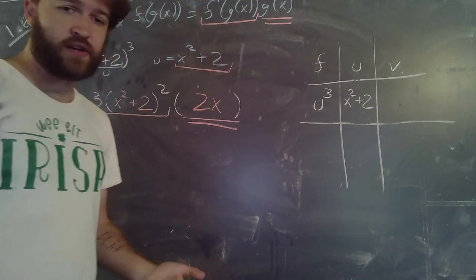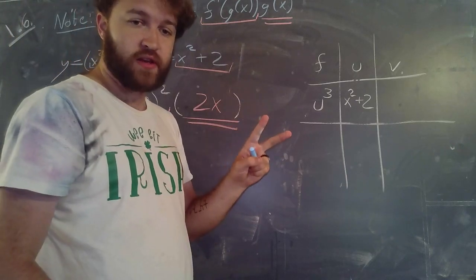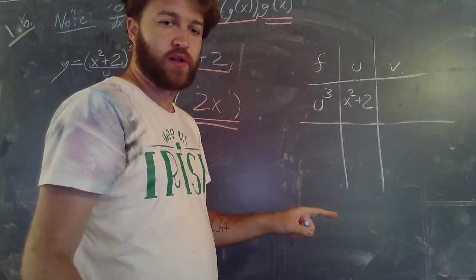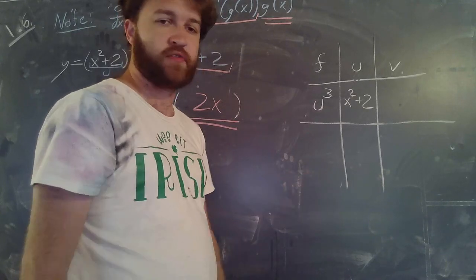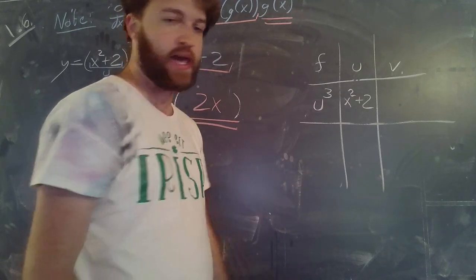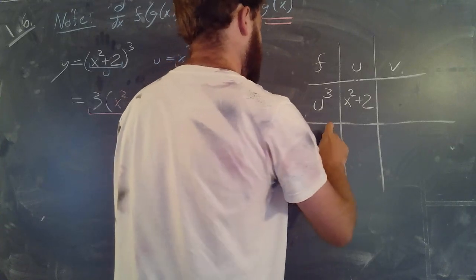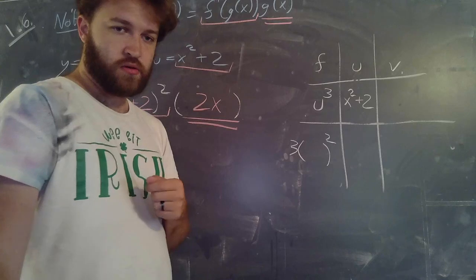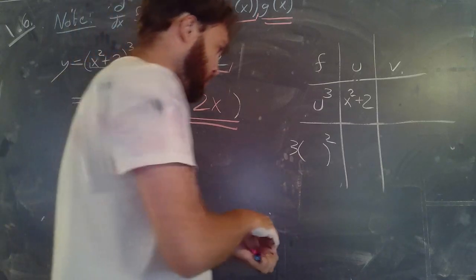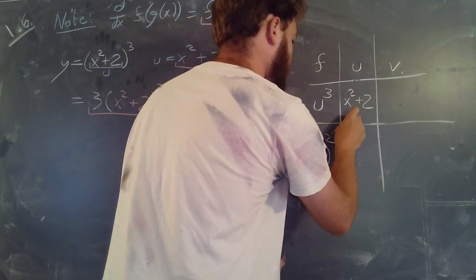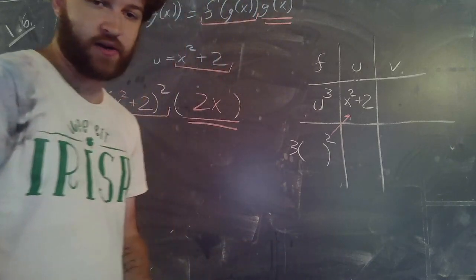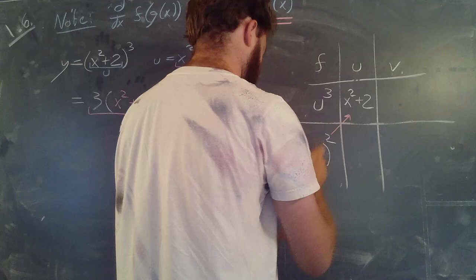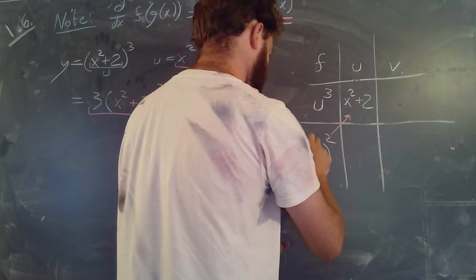So now all I have to do is take two derivatives the easy way. If it was just u to the third and it was a practice problem in one of the earlier sections and I asked you what's the derivative of u to the third, you'd say 3u to the second. Okay, cool, write it down. 3u to the second. But you're going to remove the u and replace it with whatever you see in the column diagonal to it, which is x squared plus 2.